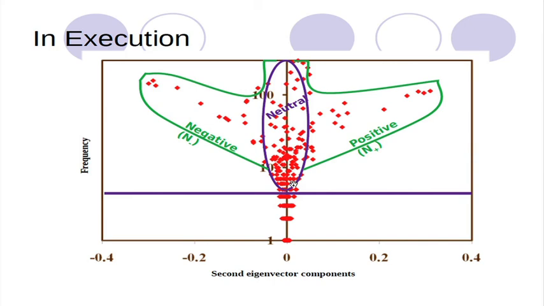Now you recompute the second eigenvector for that smaller graph, and again get a positive class, a negative class, and a neutral class. Again remove the negative and the positive, and with the neutral class reconstruct yet another subgraph. You keep doing this until there are very few nodes left in the neutral class. If you backtrack this process, you finally get the dendrogram, or the hierarchical structure of the communities.